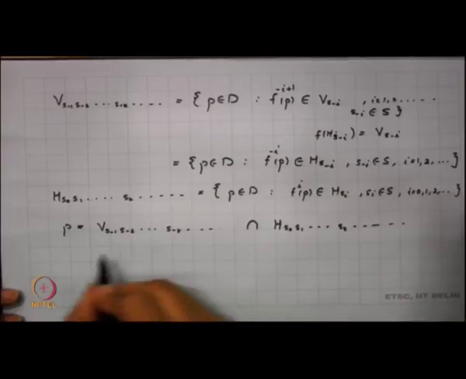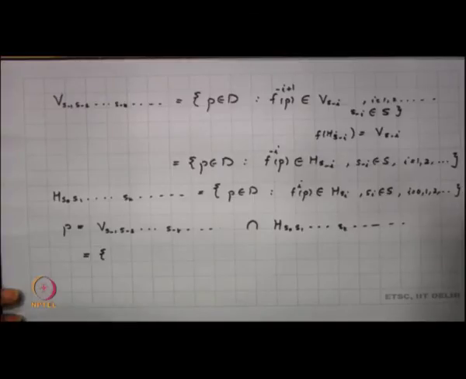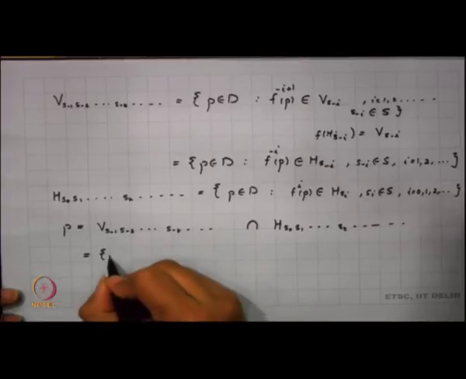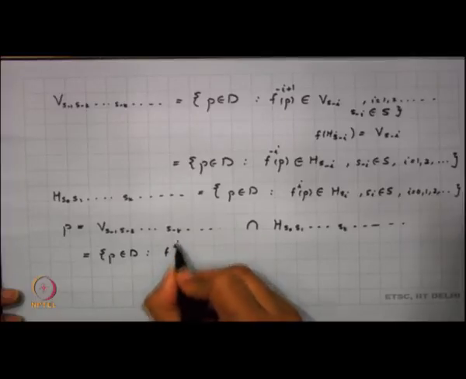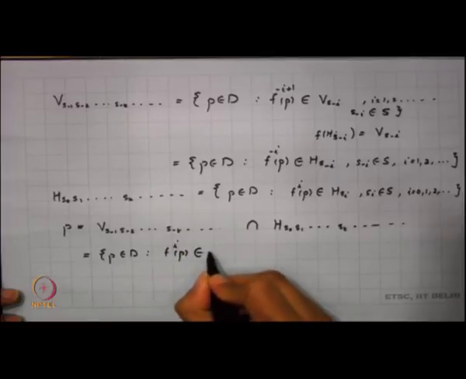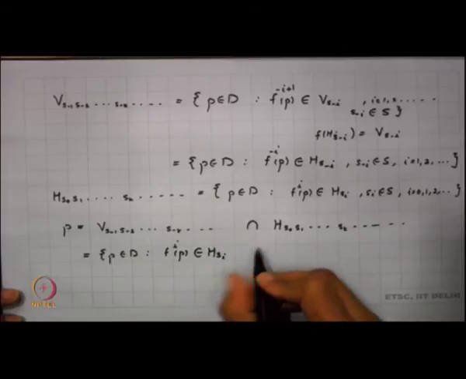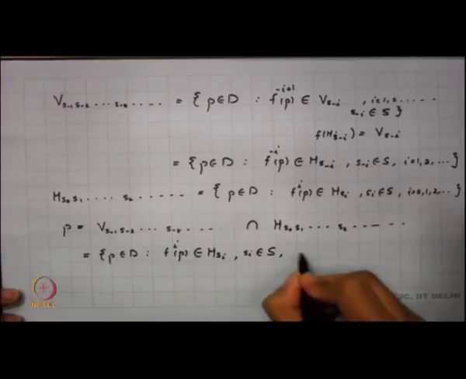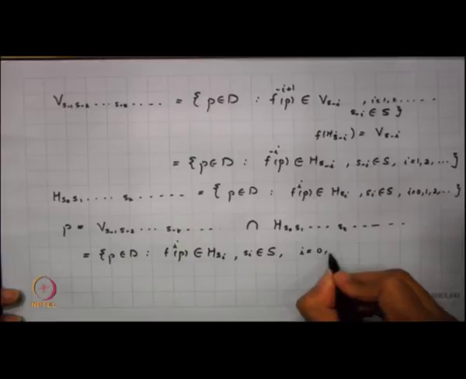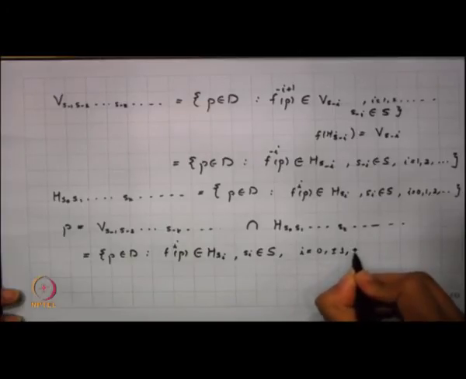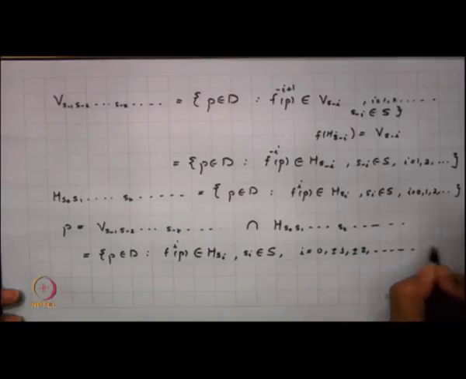So, this is basically a singleton element, and this singleton element is the set of p in D such that f^i of p belongs to H of S_i, where S_i belongs to S, and i varies through 0, plus or minus 1, plus or minus 2 and so on.